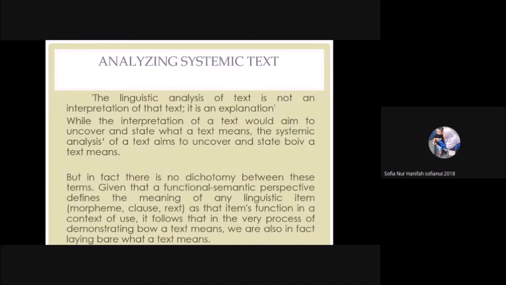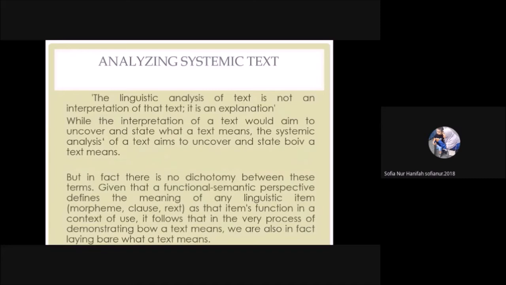All right, thank you, Zaki. Then it's about analyzing systemic text. The linguistic analysis of the text is not an interpretation of the text, it is an explanation. While the interpretation of a text would aim to uncover and state what a text means, the systemic analysis of a text aims to uncover and state both how and why a text means.